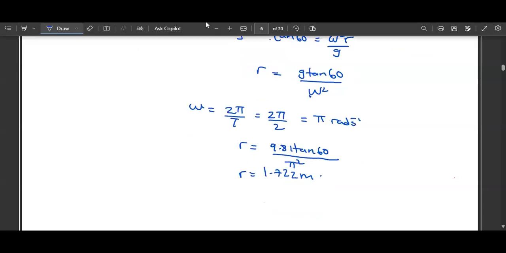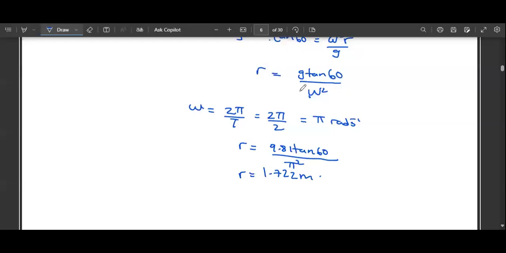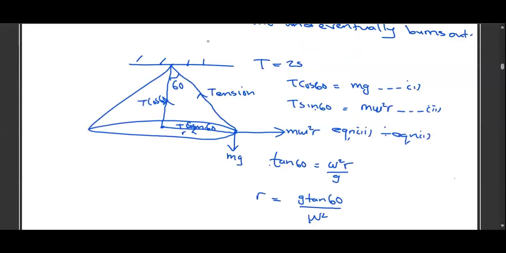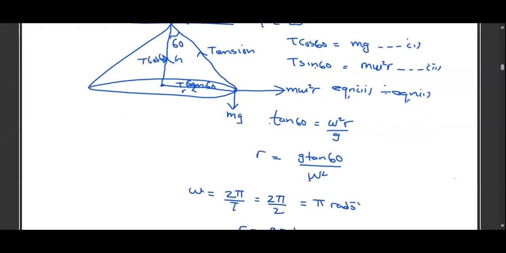Now, the first part, they're asking us to find the vertical height of the point of suspension above the circle. They want us to come up with this h. Let us use tan.